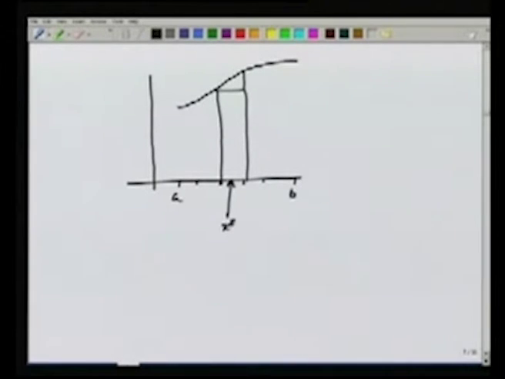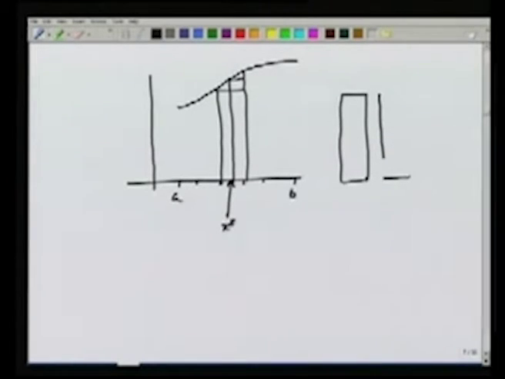Now if I assume that x star is also a point of the same partition, then I should have drawn this line and then this line. So the earlier rectangle which I was working with is this, and now the new rectangle which I am getting looks exactly like this.